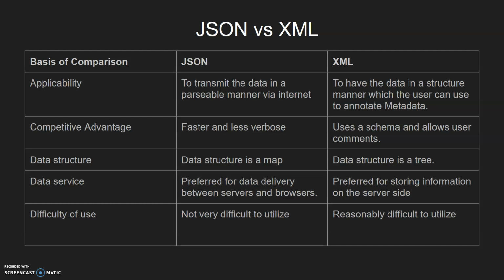JSON is really lightweight, very fast, very simple, but very basic, and has issues with being a bit loose and with data integrity and things like that. Whereas XML has the advantages the other way.